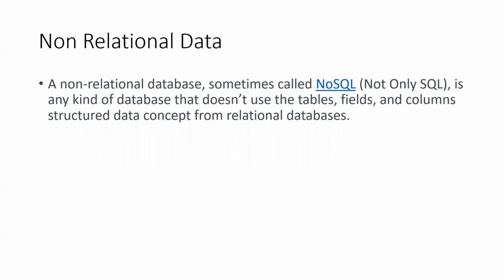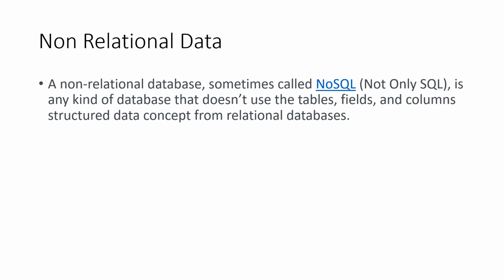I have given an example where I am storing the data in JSON format. JSON is a format of non-relational database, or some people also call it a semi-structured database, but it's not a relational database. We cannot say it's a relational database.